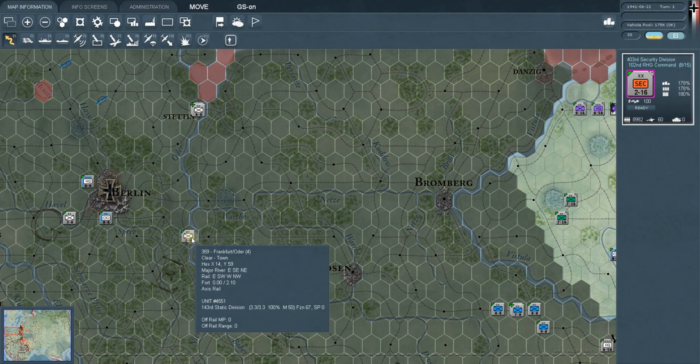And the way you can tell that, and now I can't move my cursor here and point to it, otherwise the tooltip will come down. But if you go down the tooltip where it says 143rd Static Division, well, that gives us a pretty good indication it's static. But anything that's static, there are special rules around it.